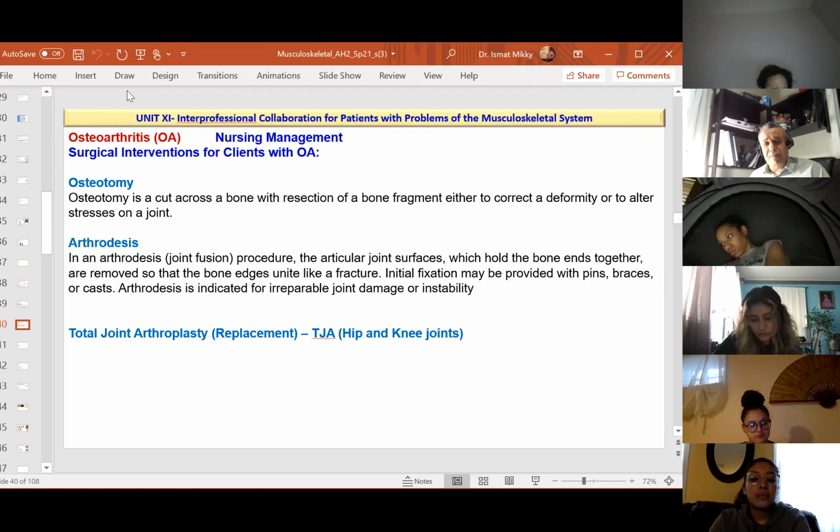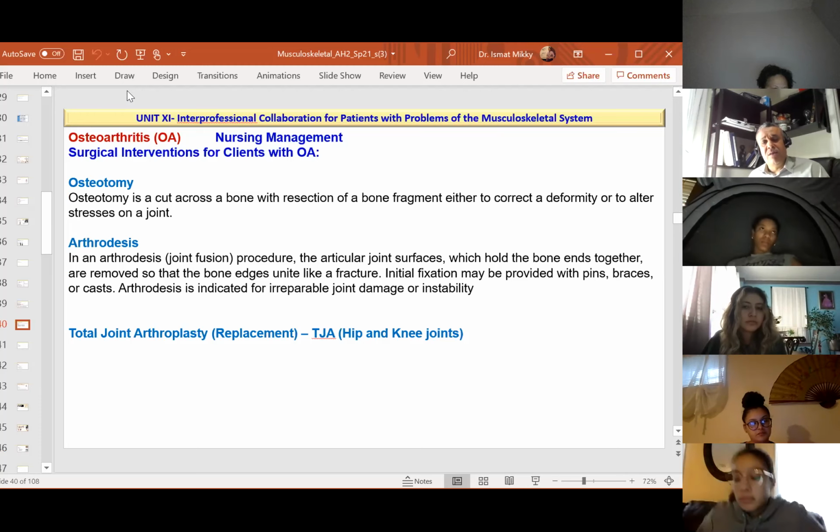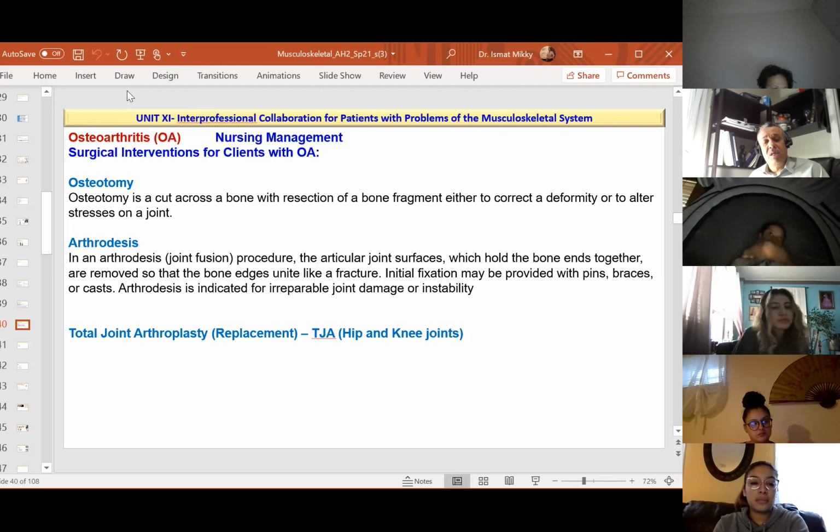Partial weight bearing is one of the strategies we will learn in orthopedics, which is weight bearing in the joint. How much can we put weight on the joint, which means stress on the joint? Can we put full weight, partial weight, or no weight bearing?